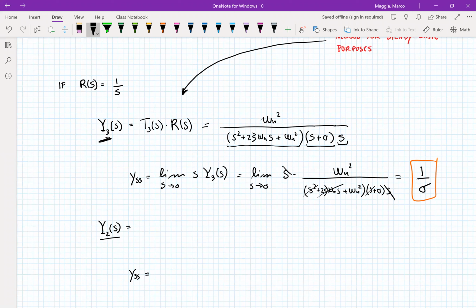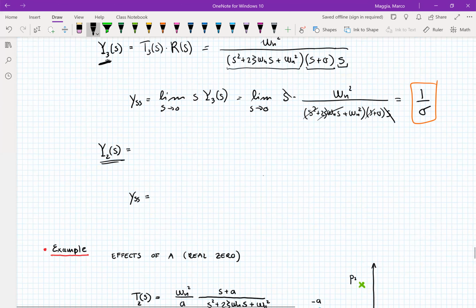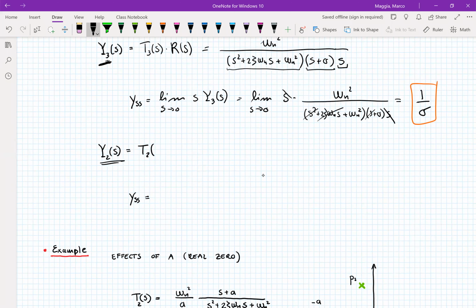Now let's take a look at the response of a second order system with the scaling of 1 over sigma. And now you'll see why it's necessary.